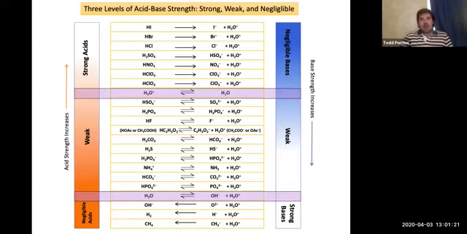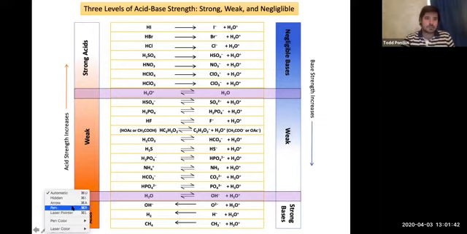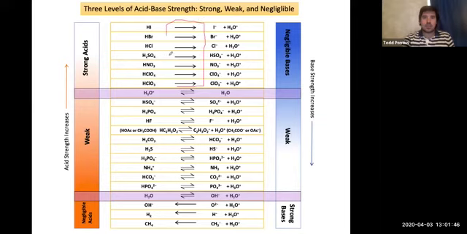So here we have a whole table. It looks kind of imposing, but basically the idea that you want to take away from it is, at the top you see HI, HBr, HCl, H2SO4, HNO3, HClO4, HClO3. What are the commonalities of all those? They're all strong acids. So they all have this full-headed arrow here, because in aqueous solution, they're going to completely turn into H+.